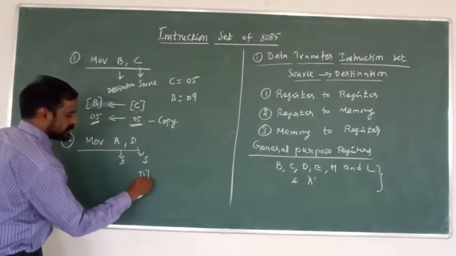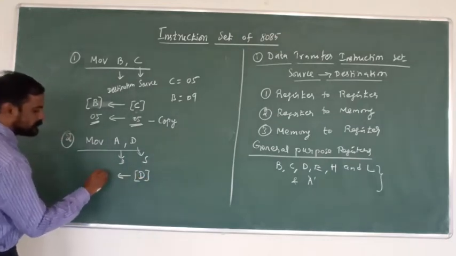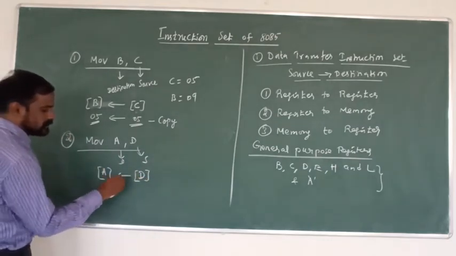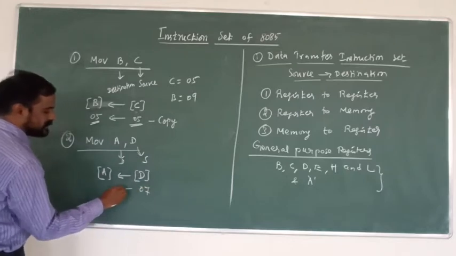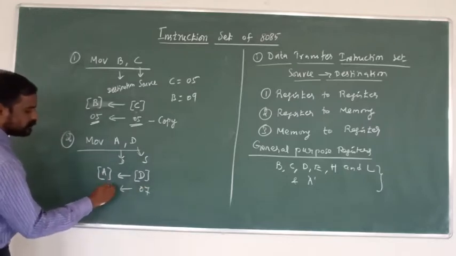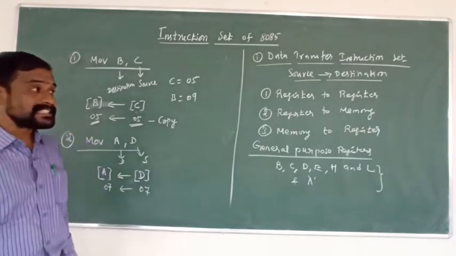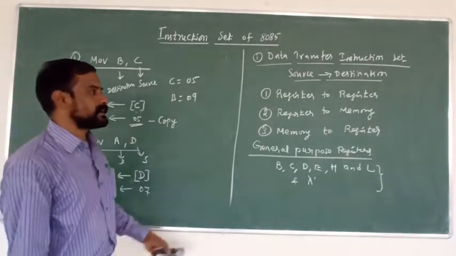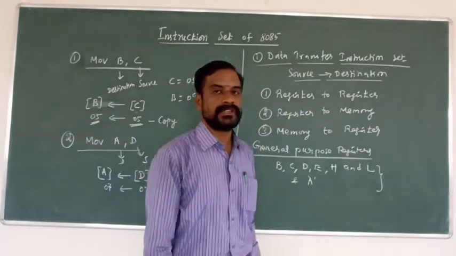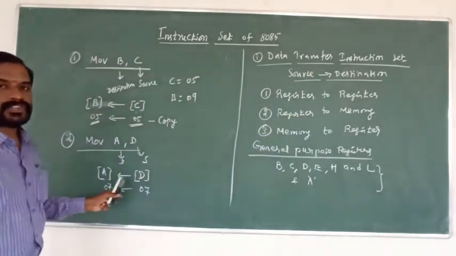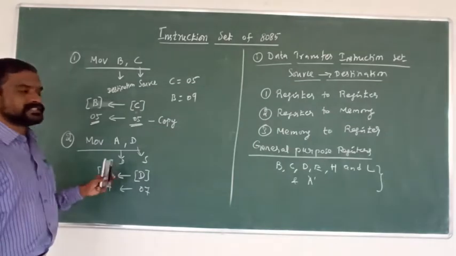Now the D register data is moved to the A register. Suppose the D register data is 07, the 07 data is moved to the A register also. This is the data transfer from one register to another register.